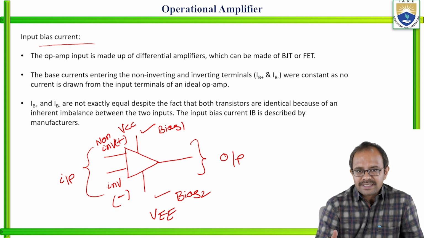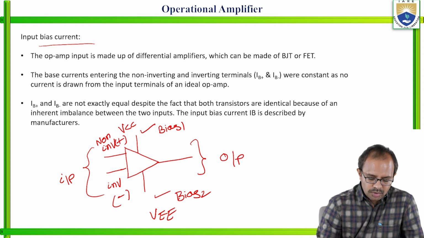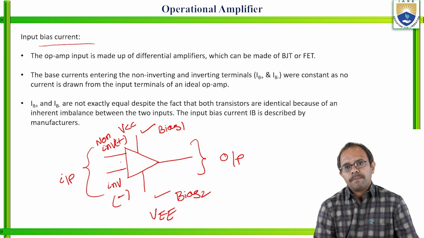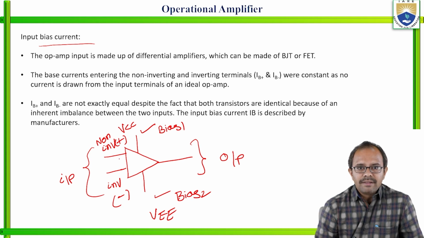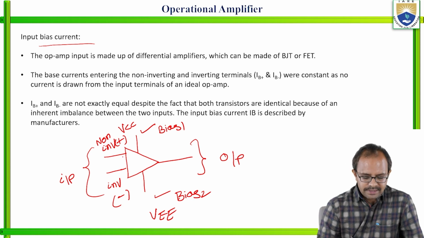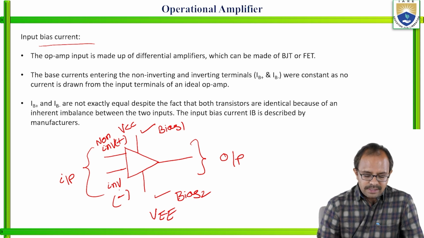So you can understand these 2 terminals in that way also. The signal through the non-inverting terminal will carry a polarity of plus, and the signal through the inverting terminal will carry a polarity of negative, right?